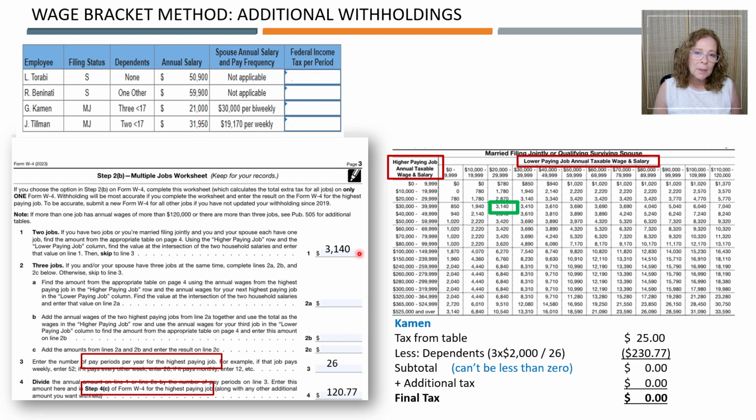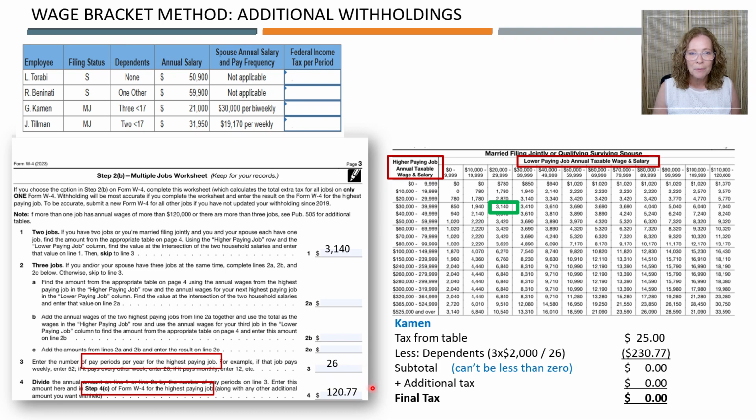We don't need to complete line 2 because G. Kamen and spouse do not have a third job. On line 3, we enter the number of pay periods for the highest paying job, which is G. Kamen's spouse. The spouse is paid biweekly, and we enter 26.